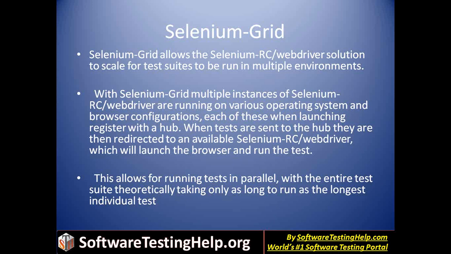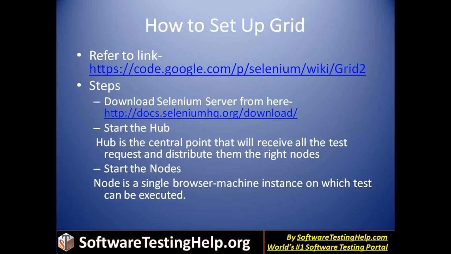Accordingly, the hub directs that test to that particular machine and browser instance if it is already registered, launched and running. The test is then executed on that machine and that browser. Okay, and we can do this whole thing in parallel, so theoretically it takes only as long as the longest individual test to run. So it saves a lot of time.